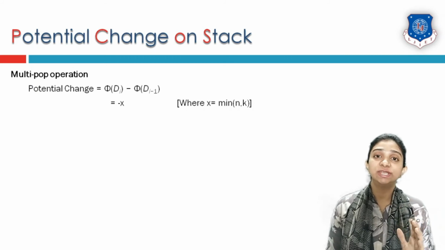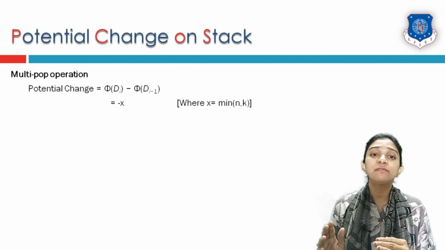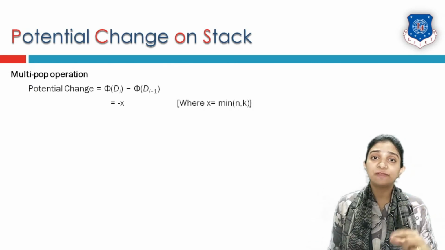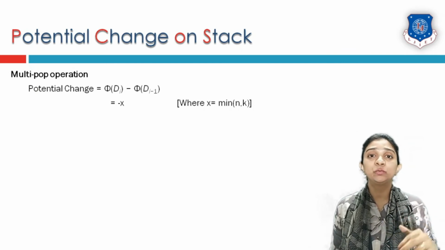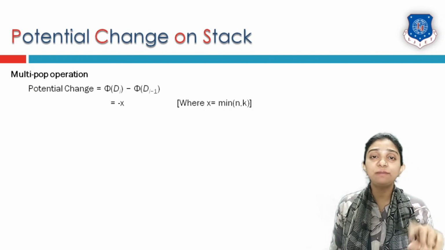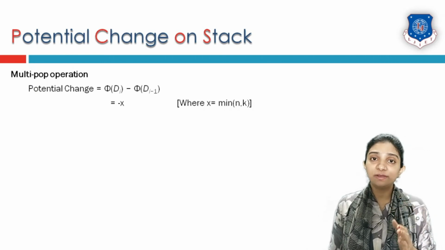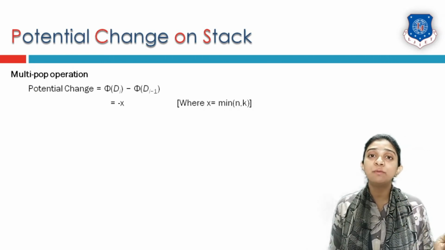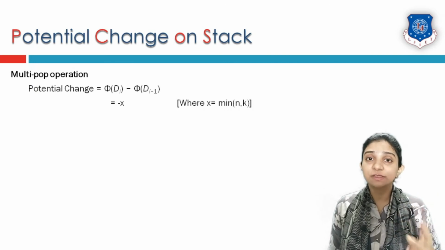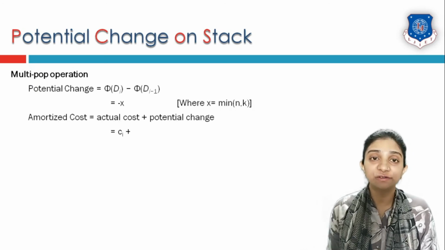So for the potential change, whatever the previous size of the stack was, if I perform multi-pop k times, it would be minus k. If I perform multi-pop n times, it would be minus n. So instead of writing minus k or minus n, let me substitute the minimum of n and k as x. So the current stage after performing the multi-pop operation will have a lesser charge of x as compared to the previous stage. So this will be minus x.